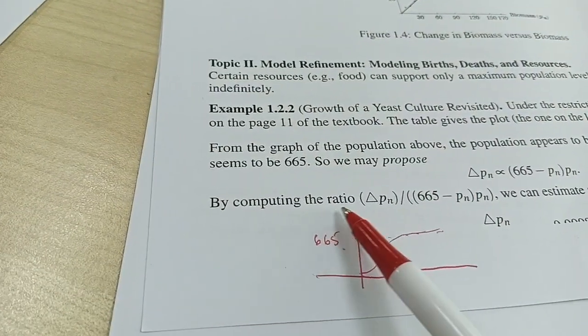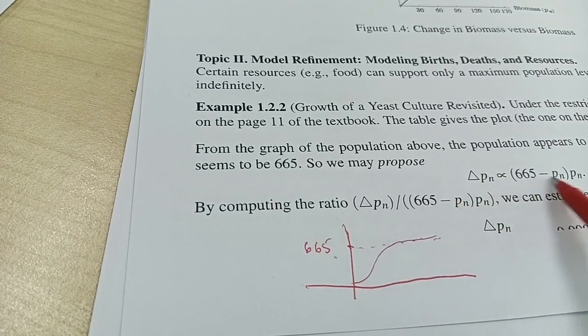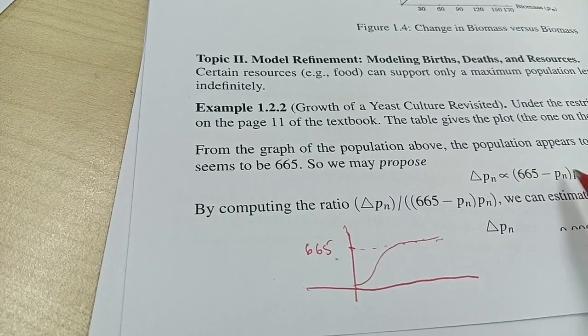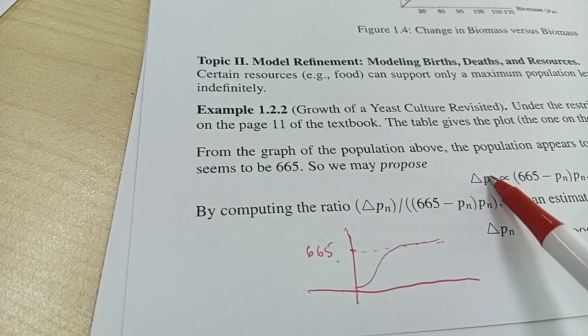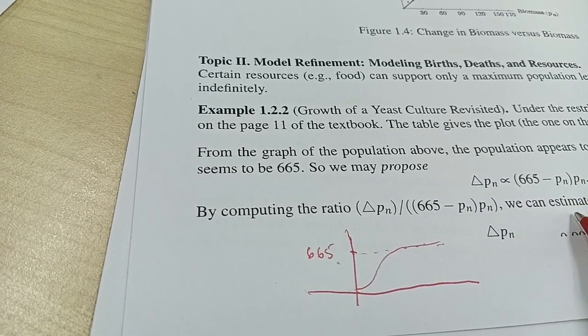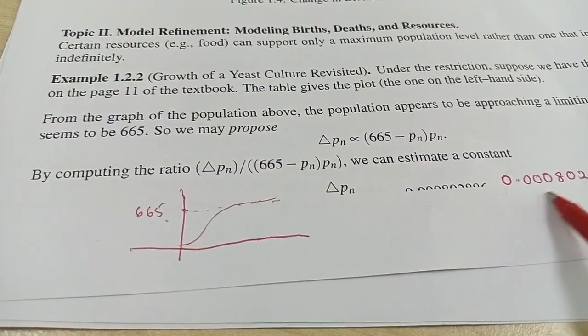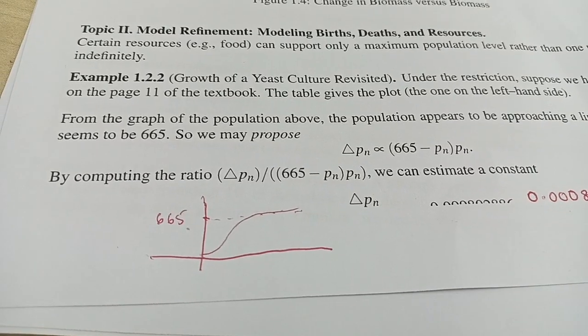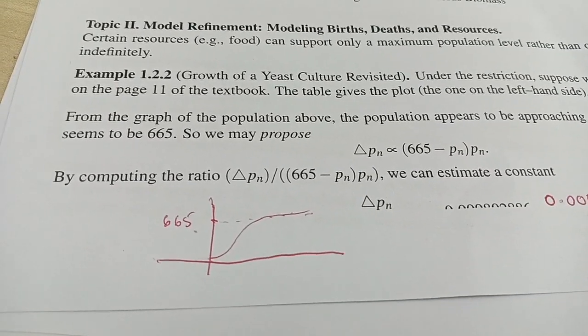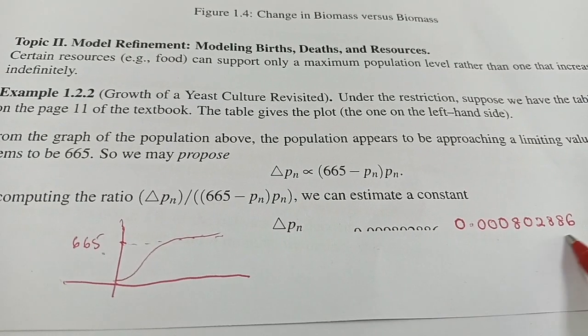So by computing the ratio, we take delta Pn over the right side value, the ratio between left side over right side value, we can calculate the constant given by this equation, by this number.